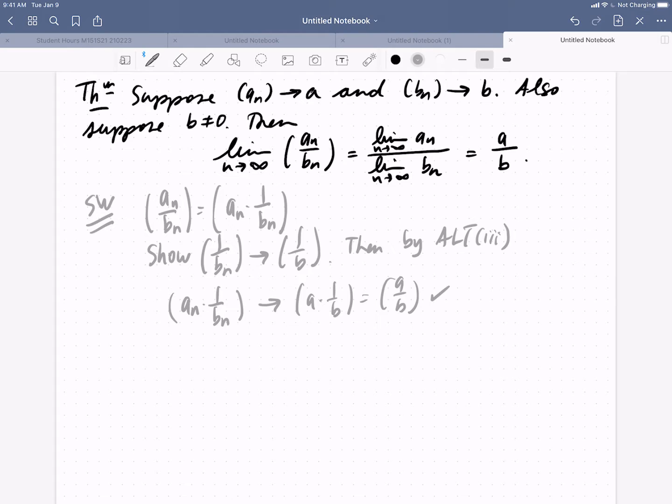So we're going to focus on the special case of the sequence of reciprocals of B_n converging to the reciprocal of B.